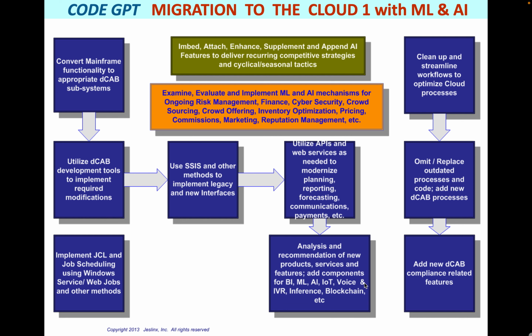This is represented by the blue boxes. The other two boxes represent the ML and the AI capabilities that are built into the new environment and are designed to build expertise in an automated way based upon the nature of the business.